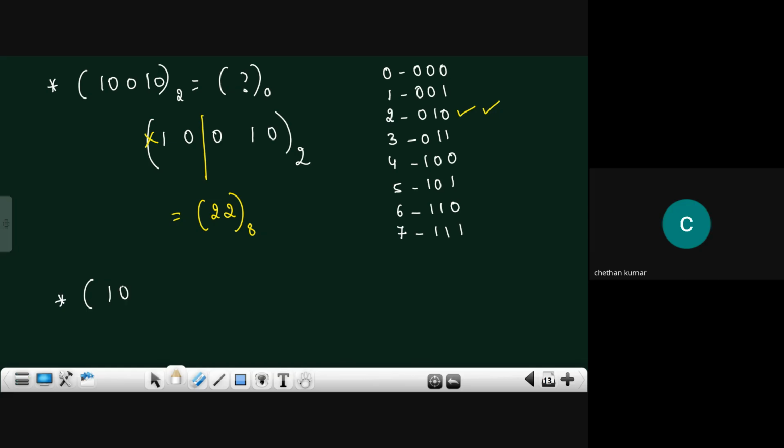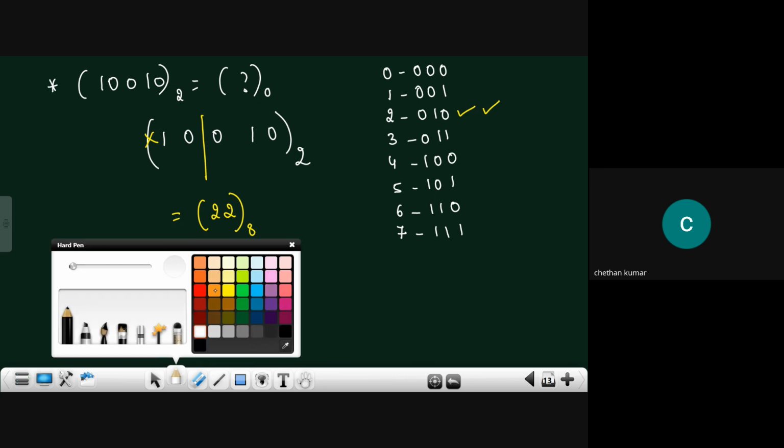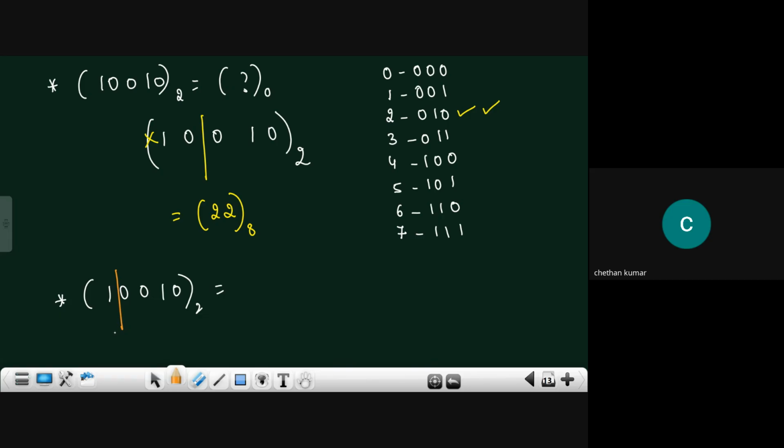Then how to convert the same number into hexadecimal? Group with 4 digits. Why 4 digits? Hexadecimal is 0 to 15, and to represent 0 to 15 in binary you need 4 bits, so that you can group. Grouping starts from the binary point: to the left you go left, and on the right side of the binary point you go right.